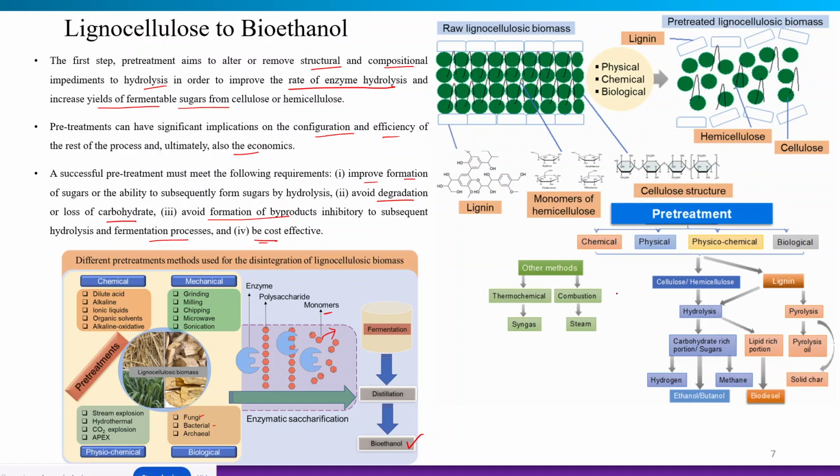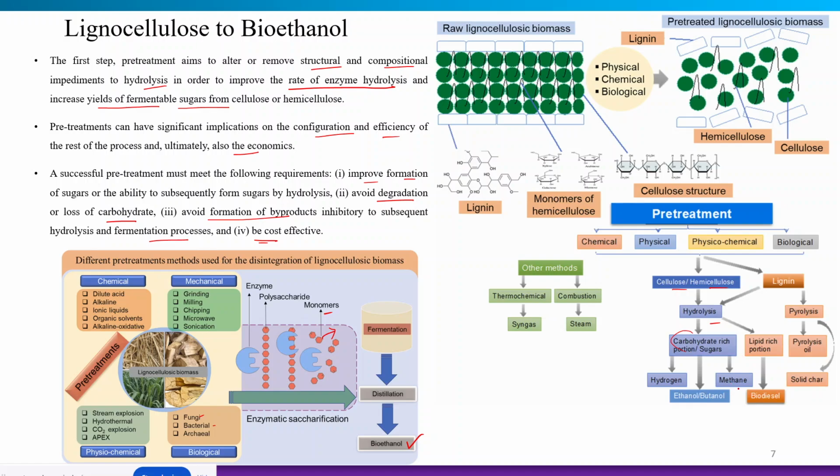This is another way to represent the schematic view of the process. The pretreatment just disintegrates the overall matrix of the lignocellulosic biomass, and then cellulose and hemicellulose are converted into simple sugars by the hydrolysis process.